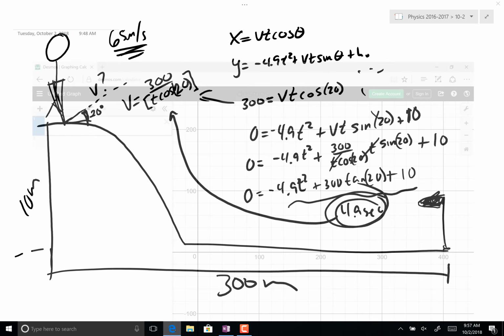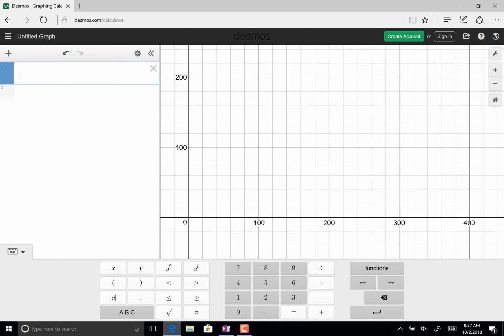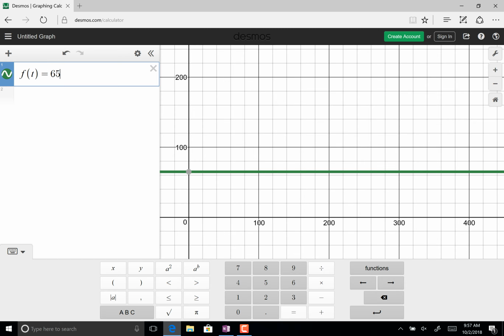If I wanted to check myself, this is a time where Desmos, I think, is kind of neat to do that with the parametric equations. f of t equals, what was it? 60, what did you say, 65? And then cosine of 22t.